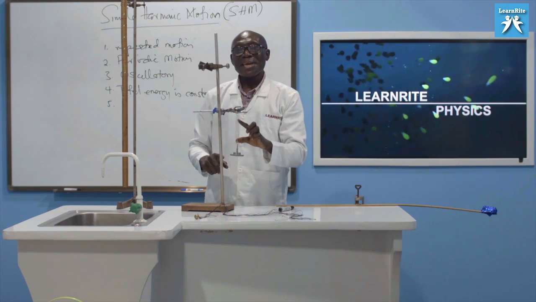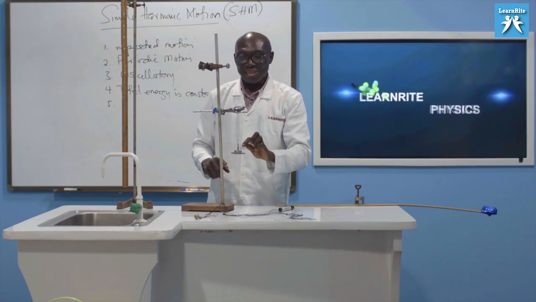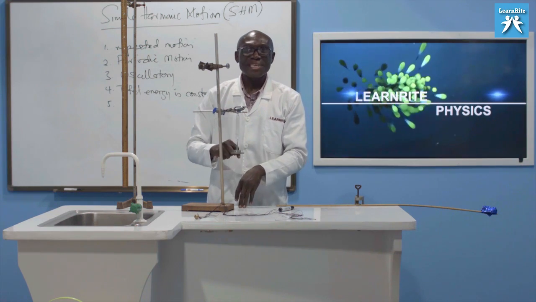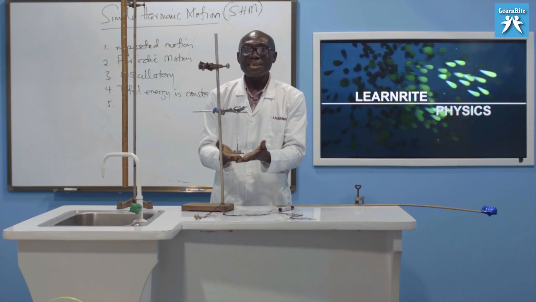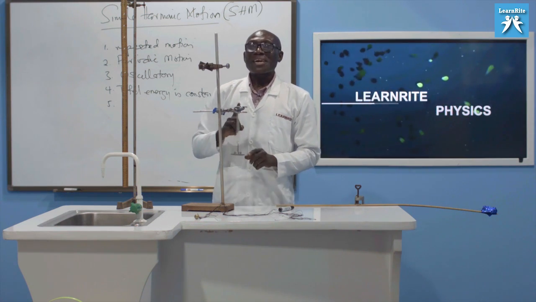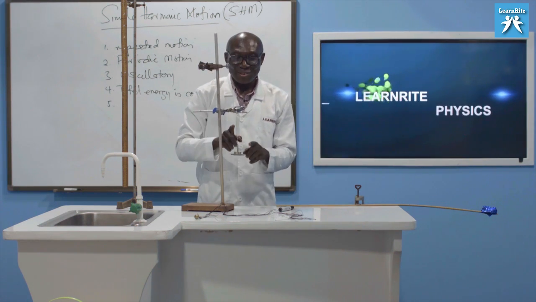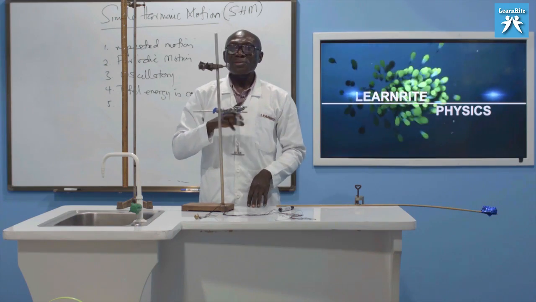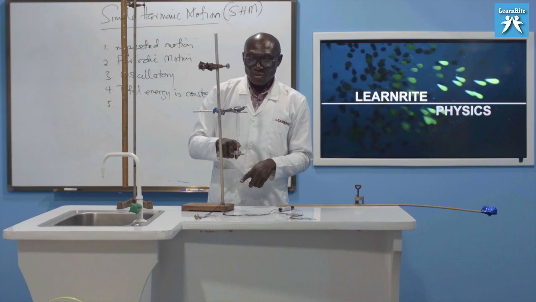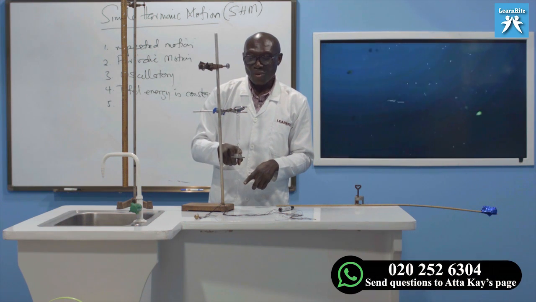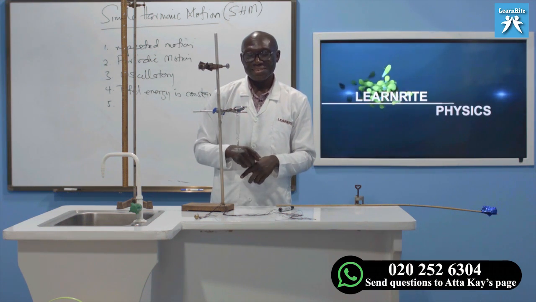This is the spring, and the spring has been weighted or it has been loaded. It means something has been hung on it. Now, we are going to cause this spring to perform simple harmonic motion. So what I will do is to displace this spring downwards a bit and leave it. And that is it.